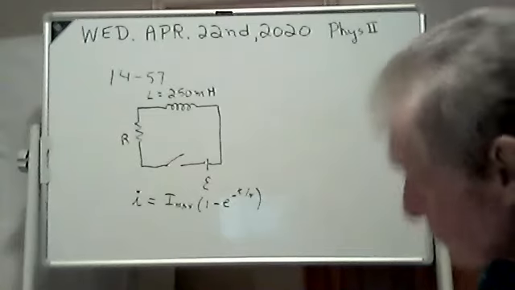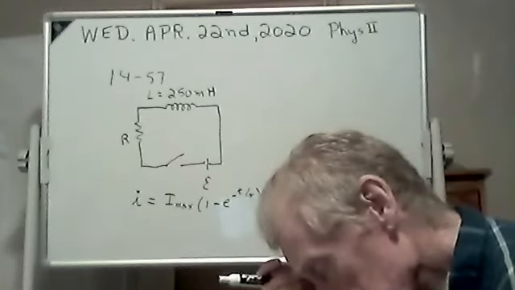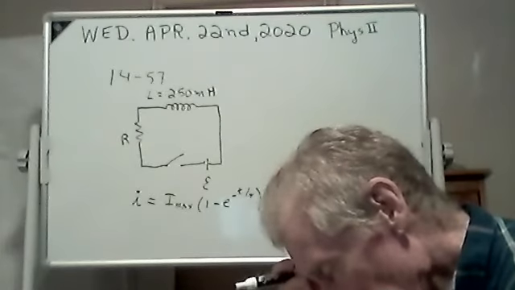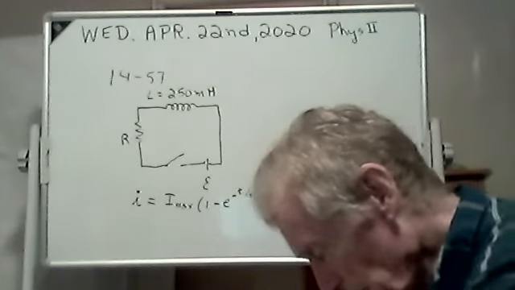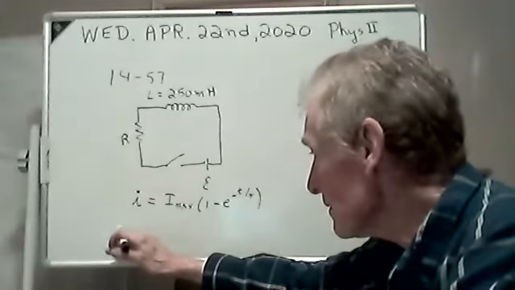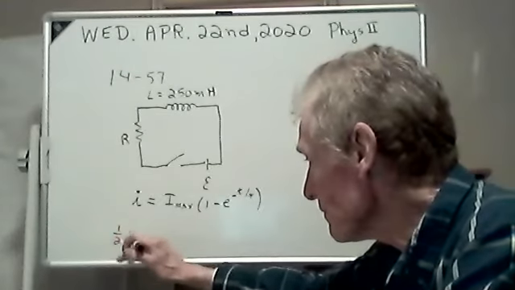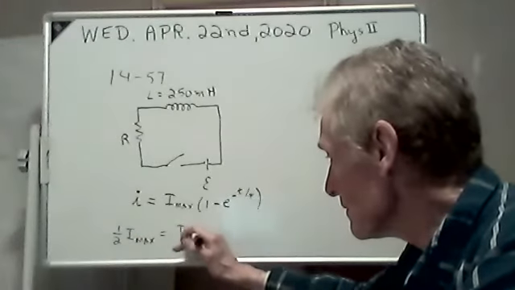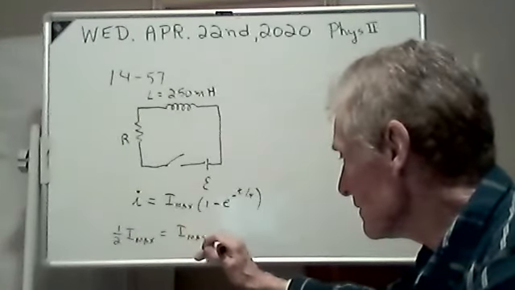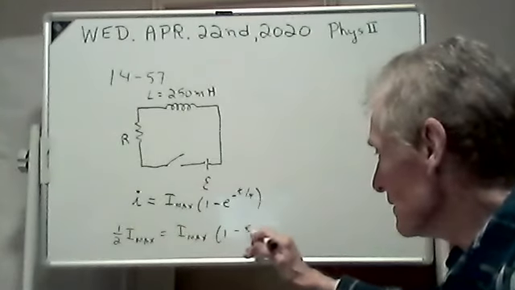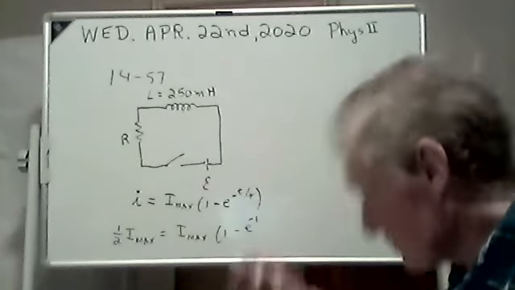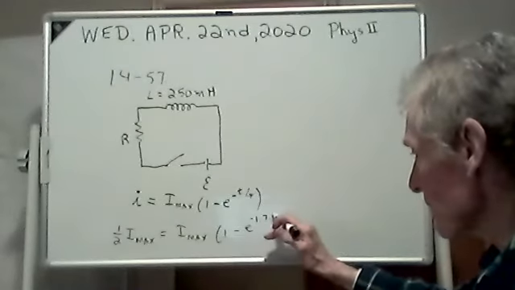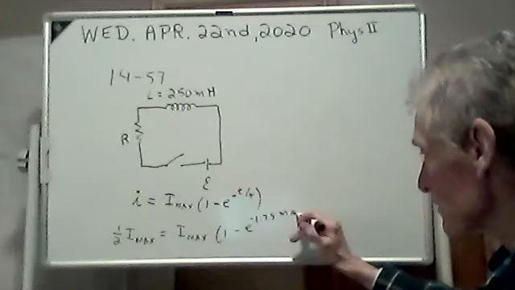Now we don't know the maximum current, but they did tell us that you reach half of the maximum value in 1.75 milliseconds. So let me write that in. You reach 1/2 of the maximum value in 1.75 milliseconds.